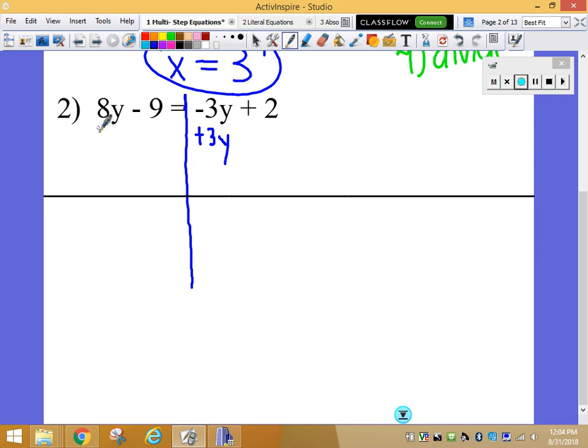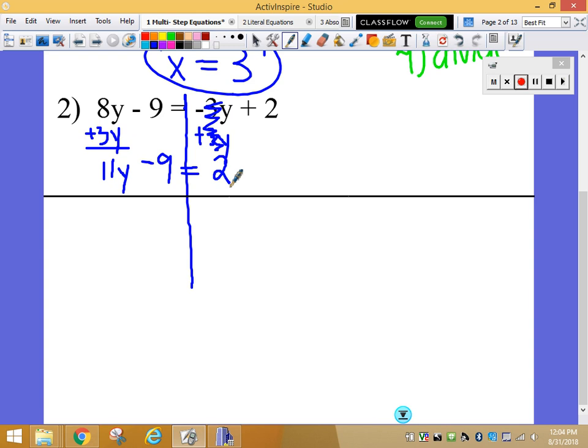And hopefully you remember from the last problem, you're going to write it underneath the other y, plus 3y. So right here, these cancel, and you want to do this addition. 8 plus 3 is 11y. And then I'm going to bring down the minus 9, and over on the right hand side, I'm going to bring down the 2. Alright, so that was step 2.